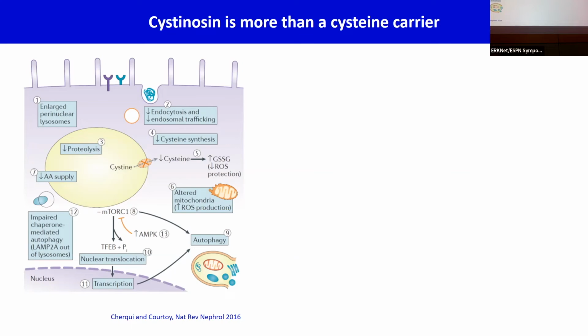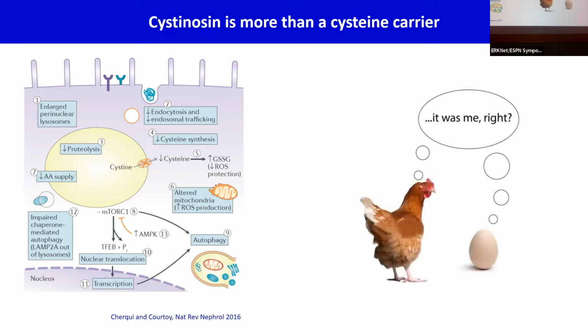That oxidation can cause stress to mitochondria, and mitochondria themselves, if they're damaged and not cleared from the cytosol, can produce reactive oxygen species. Another type of autophagy, chaperone-mediated autophagy, is also impaired in these cells. So it is a much more complicated disease than what we thought.